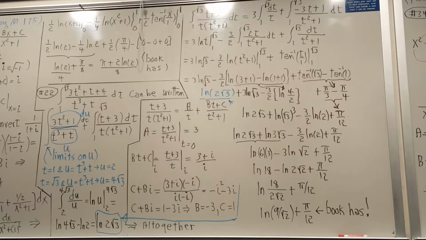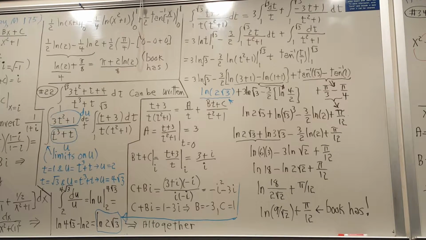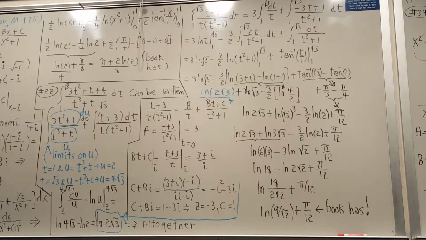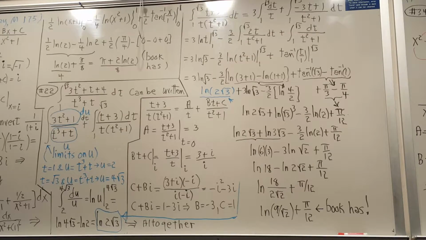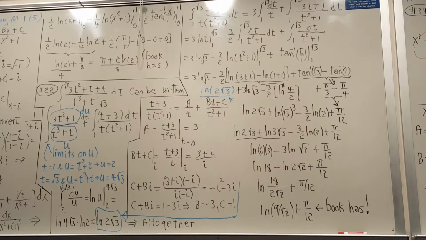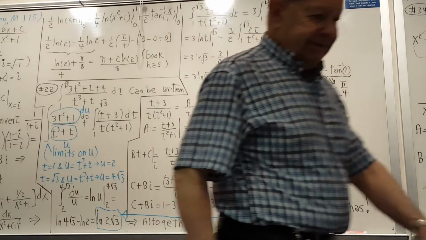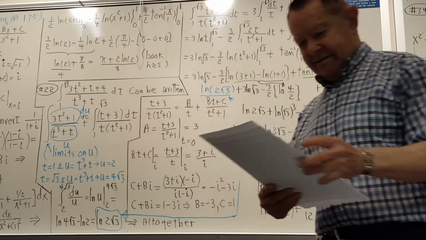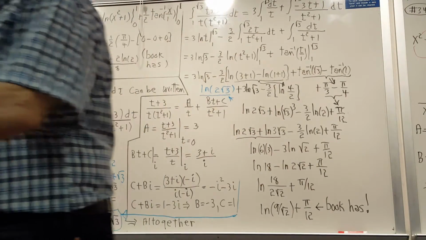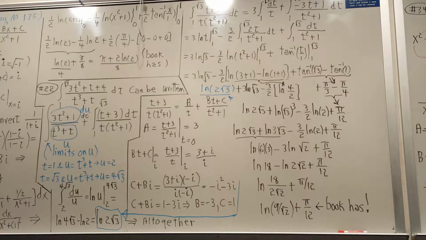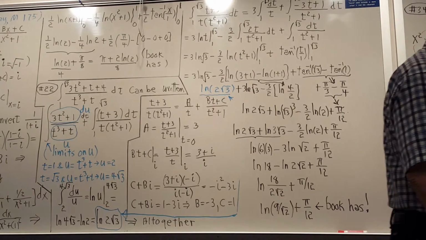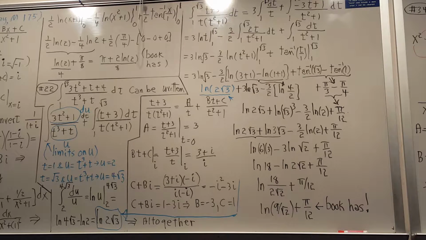But before we go on to 22, is there any question here on 21? This is still all chapter 6 stuff, so the chapter 8 stuff that we're doing will be on test 3.